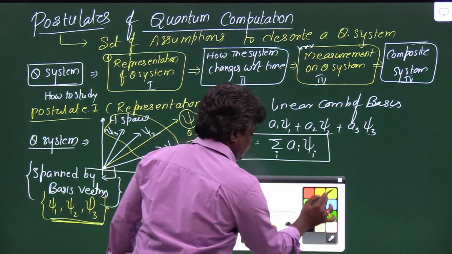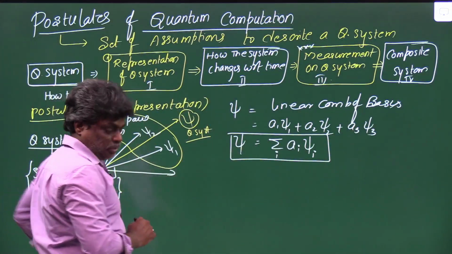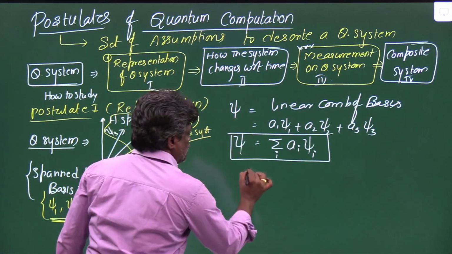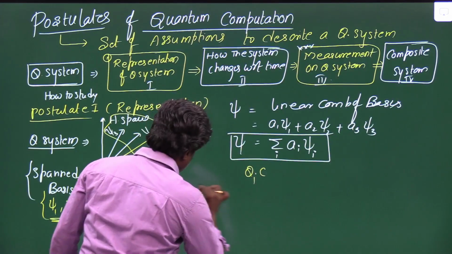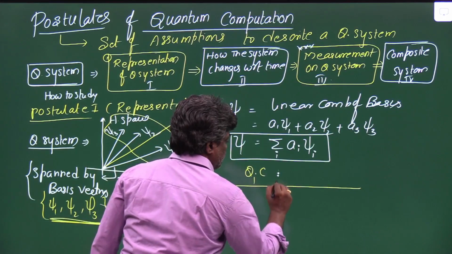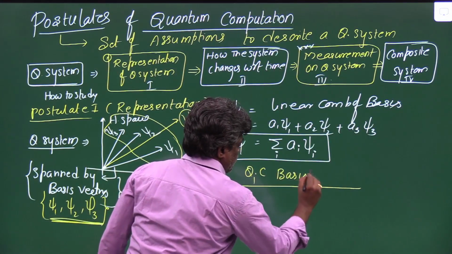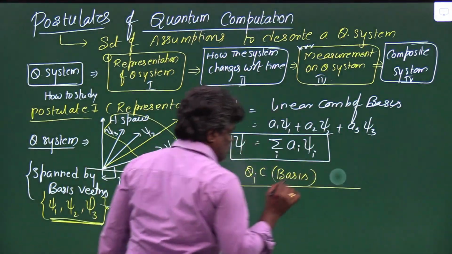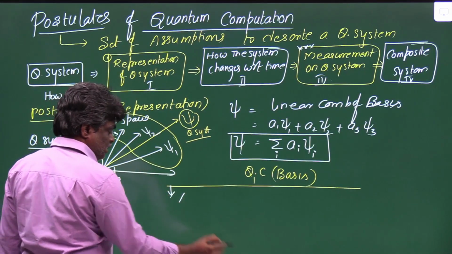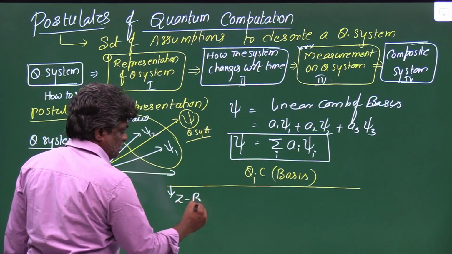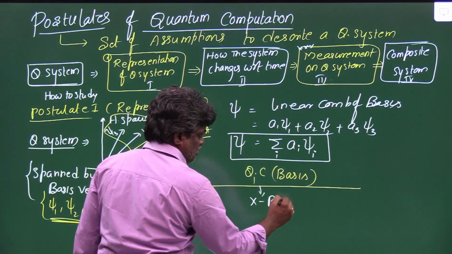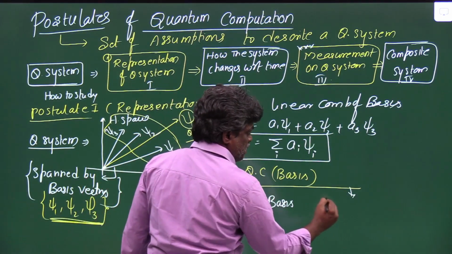Okay, so come to these basis states. In our quantum computation, we have some basis states. Generally there are three basis states: one is Z basis, another is X basis, another is Y basis.